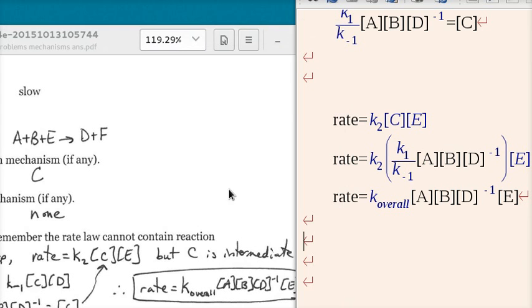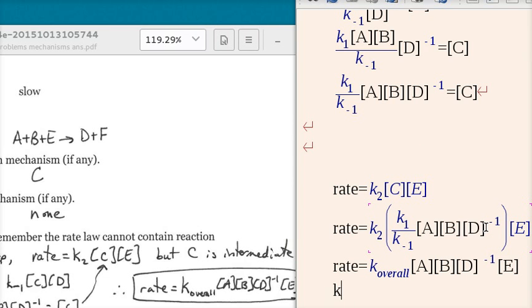You might notice that k overall, which Dr. Spencer didn't write, would be all these k's multiplied together: k2 times k1, all divided by k-1.